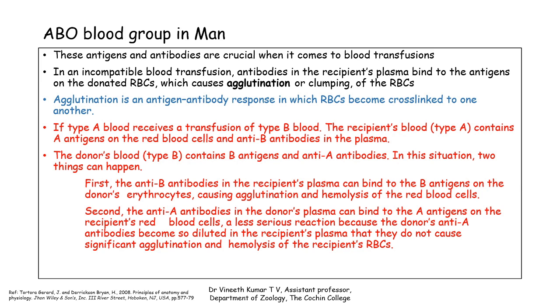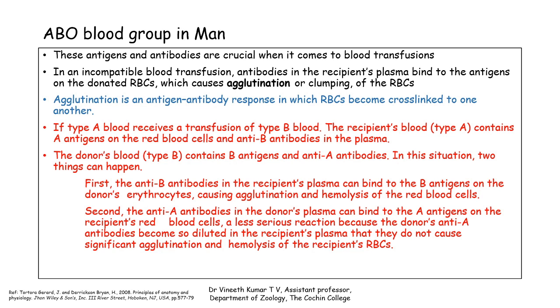After hemolysis, the hemoglobin and the broken RBC may block the capillaries, and the hemoglobin may reach the kidney, and that might result in kidney failure, etc. So these are the complications that might occur when there is a transfusion of incompatible blood.